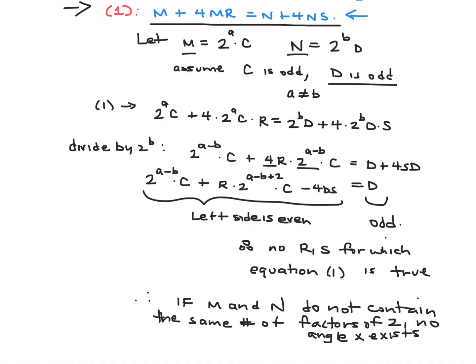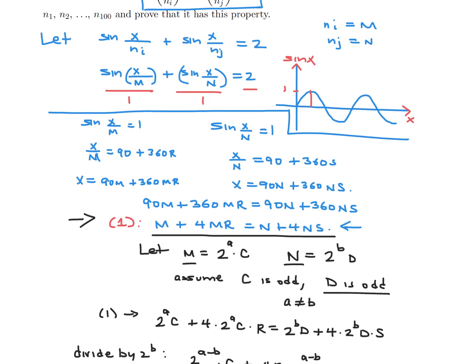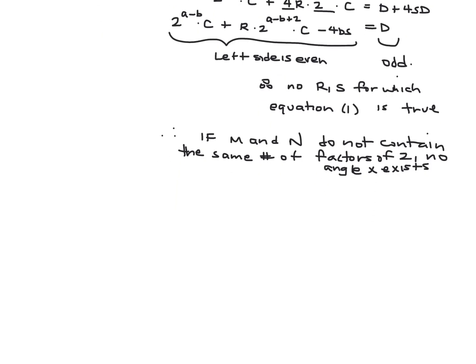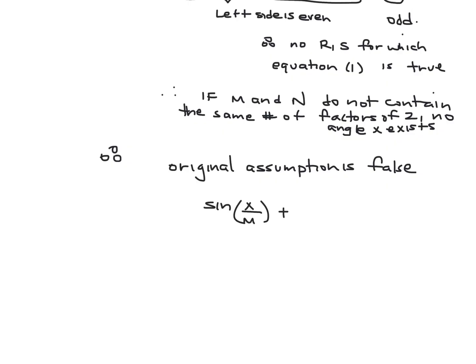So basically what we have shown is this whole thing falls apart if you try to prove it mathematically. So our original assumption, which I had done here, that it equals 2, is false. So what that basically means is that the sine of x over m plus the sine of x over n cannot equal 2.